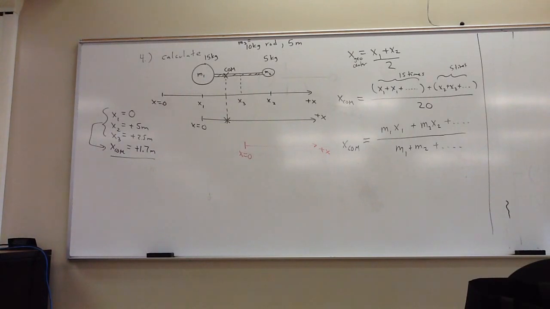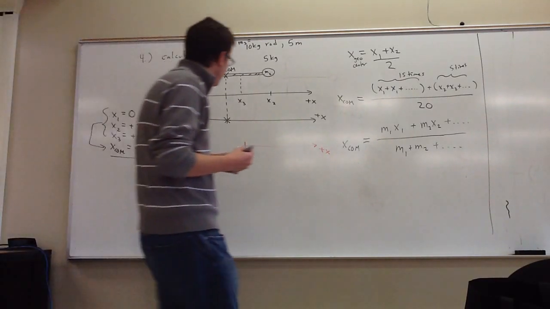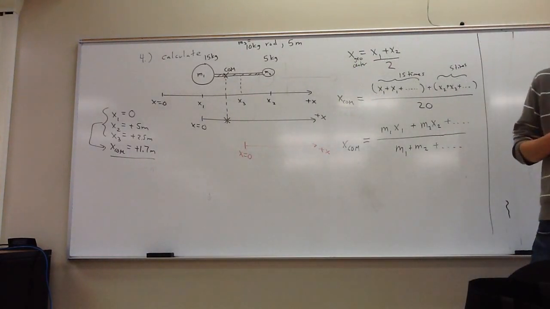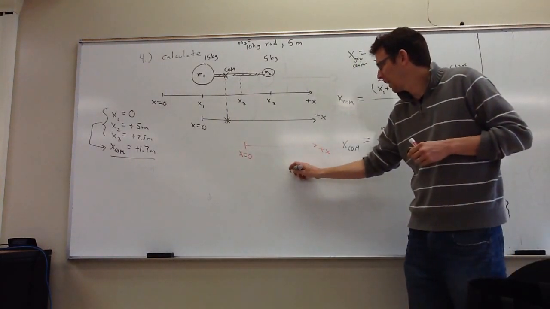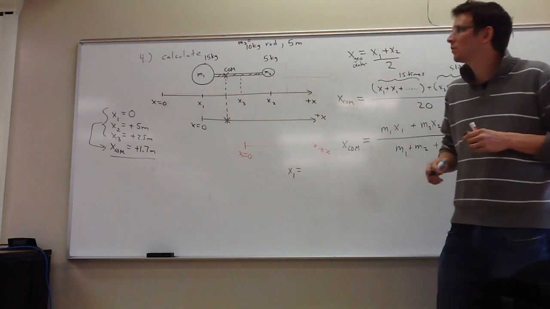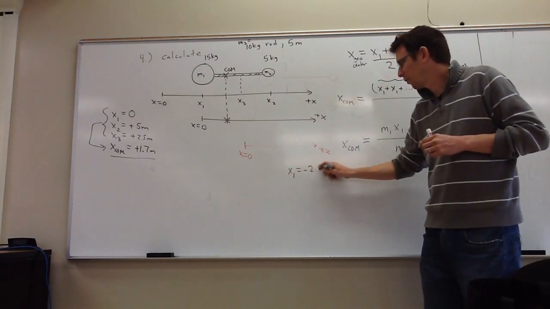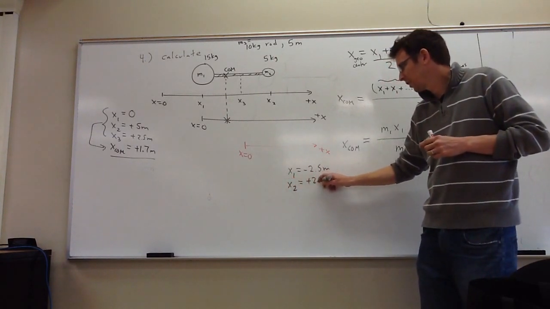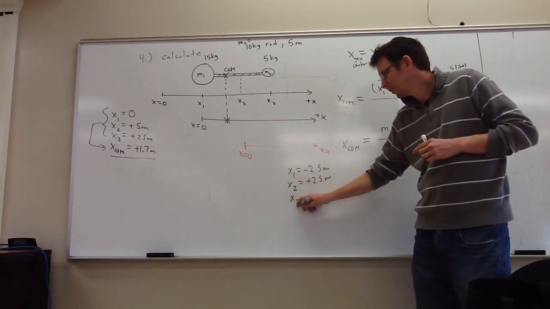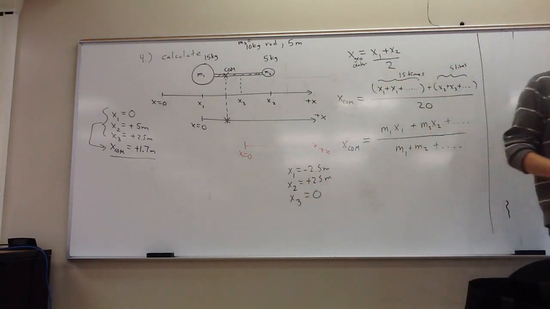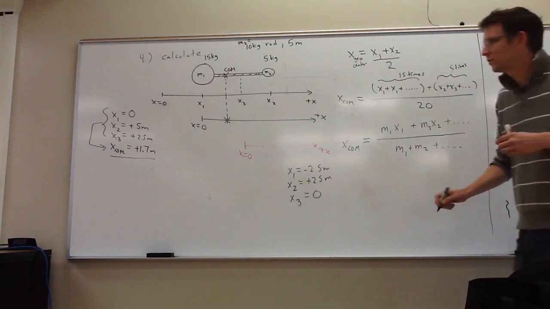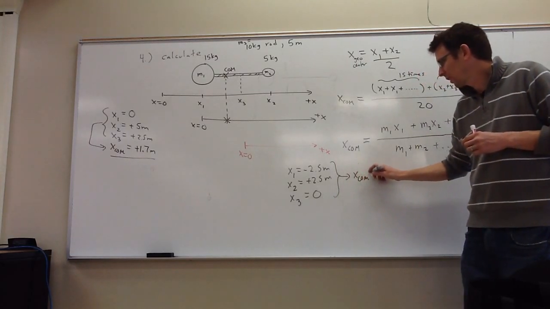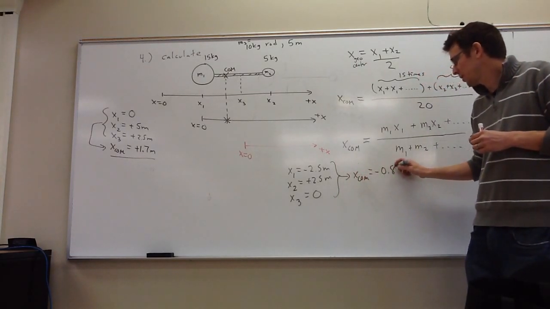No. Now, if you picked x equals 0 at the geometric center, then what would the x1 value be? Negative 2.5. What would be the x2 value? Plus 2.5. And x3 would be 0. If they did that computation, they would find that x com was negative 0.8 meters.